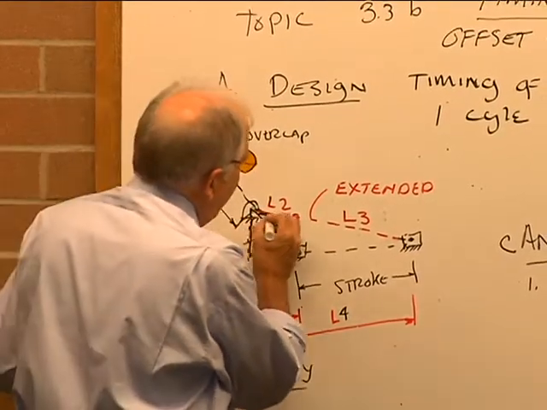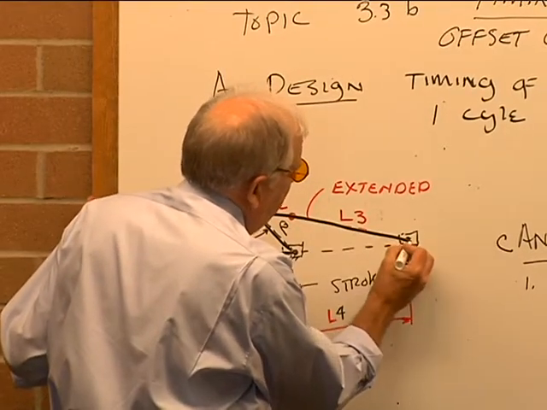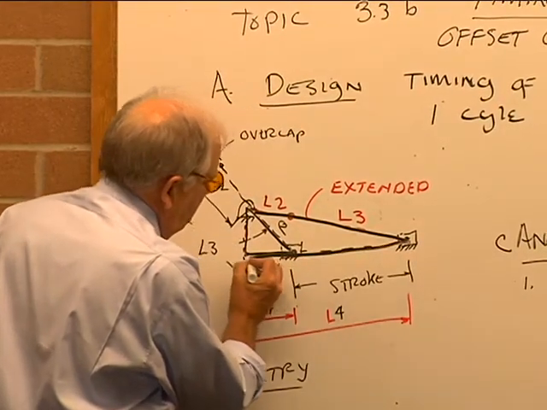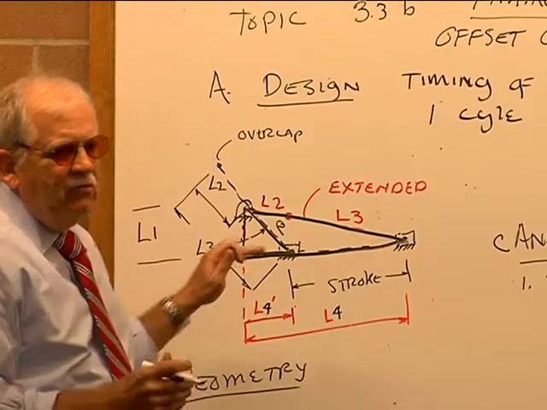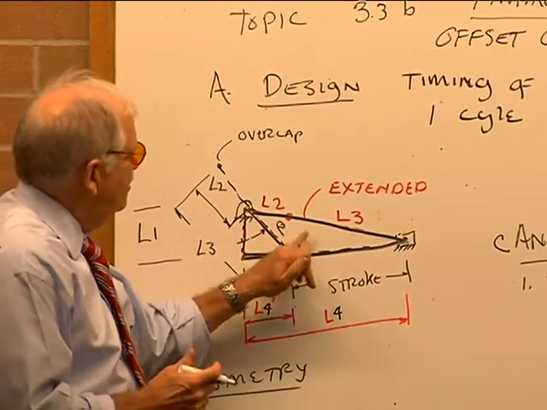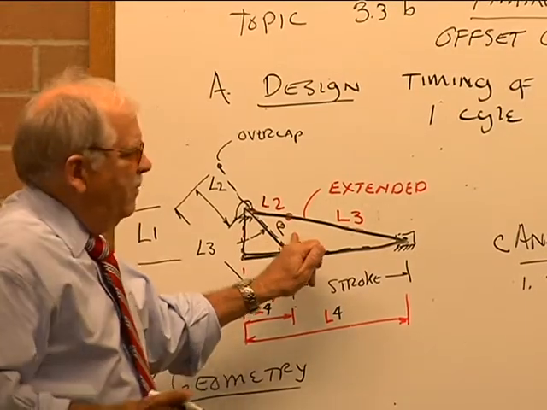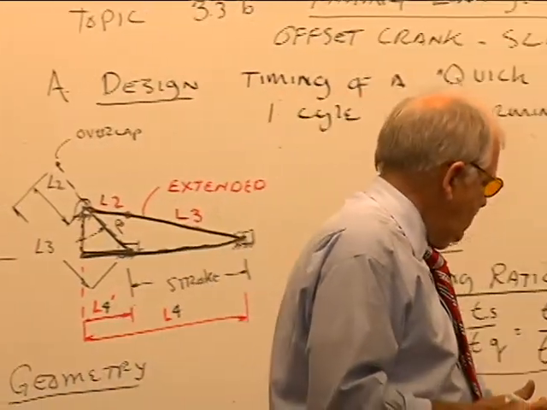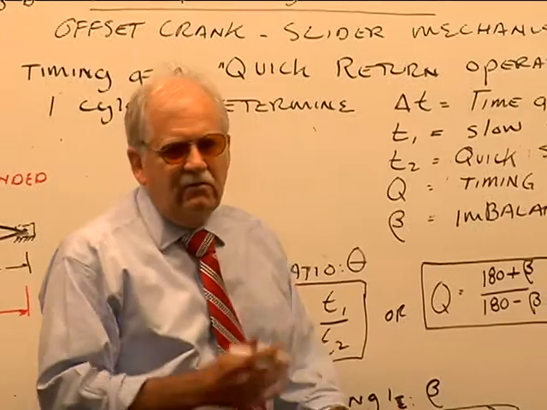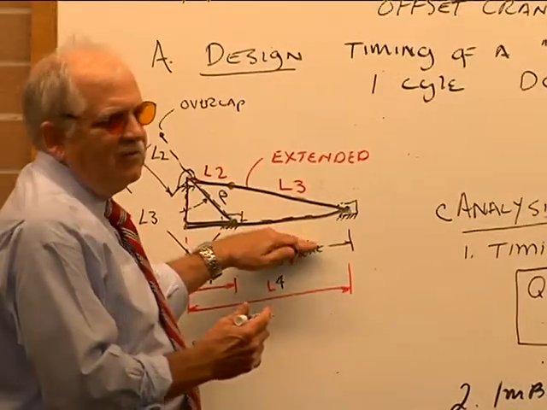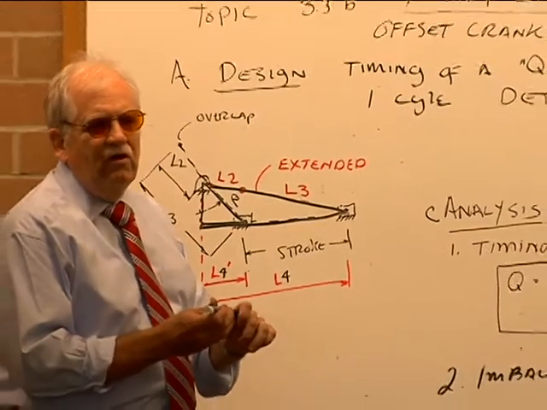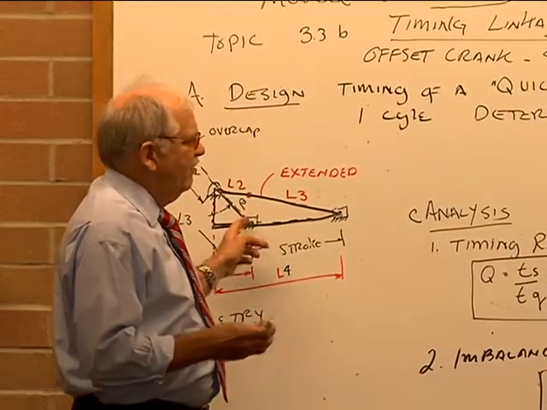And then you have this triangle out here, which will get you the angle to the extended position. So just by using your standard trig functions, you can find beta. But if you're given Q, you can also find beta. Depending on what you're given, you have to look at what your givens are and then use your knowledge of trig in order to solve for that angle.